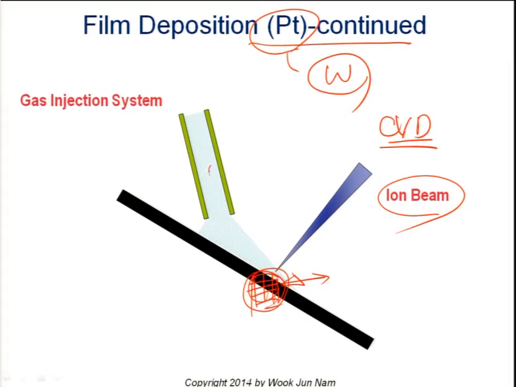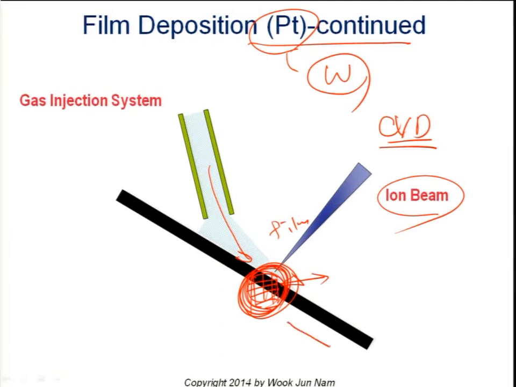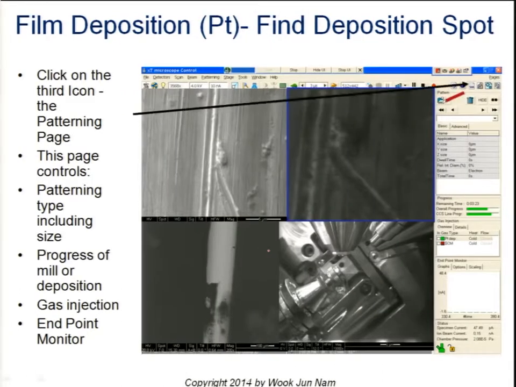And then as we flow the reaction gas in this local area, because of the high temperature, we can deposit some film. And then as we move the stage, we can make some film like this. Using that way, we can easily form a metal layer on any area on the substrate.